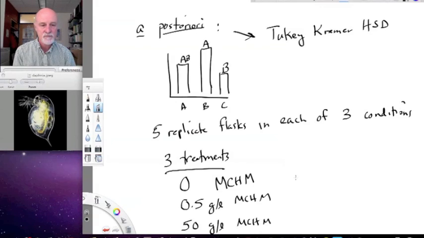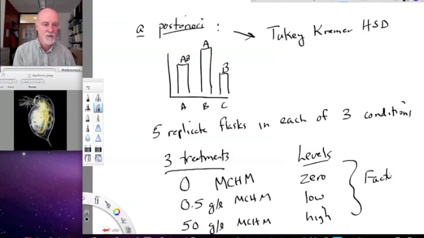Okay, so we're going to call this a 0 level and a low level and then a high level. So these are our 3 levels within our factor, which is chemical pollution.